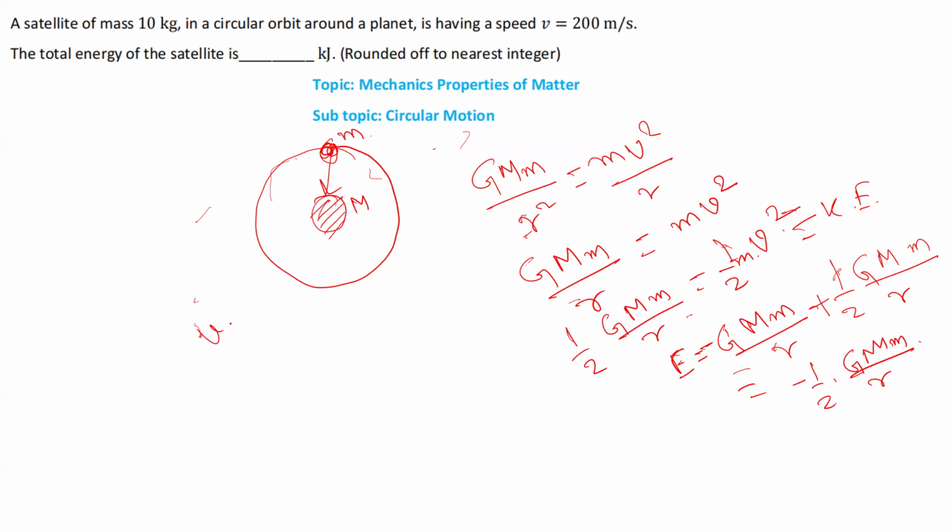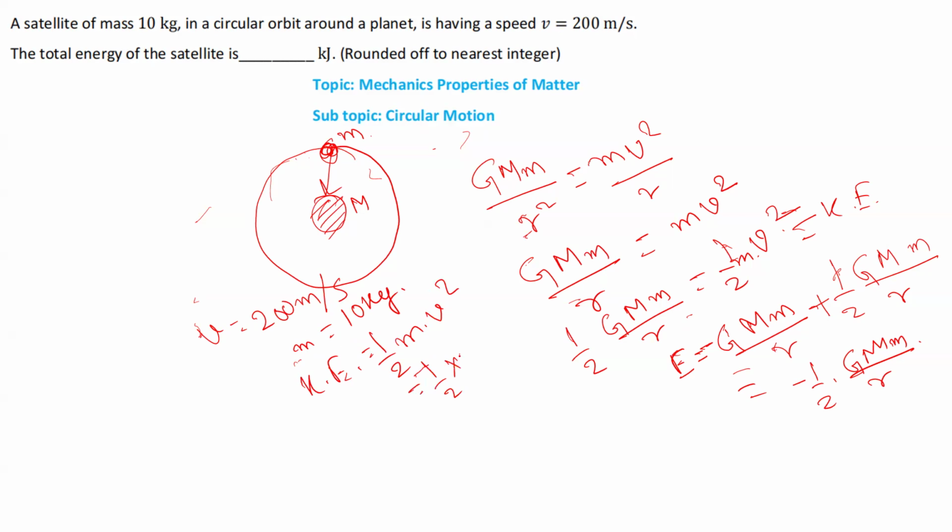So here the values are given. v is given as 200 meter per second, m is given as 10 kg, right? So kinetic energy can be found out: half mv square.